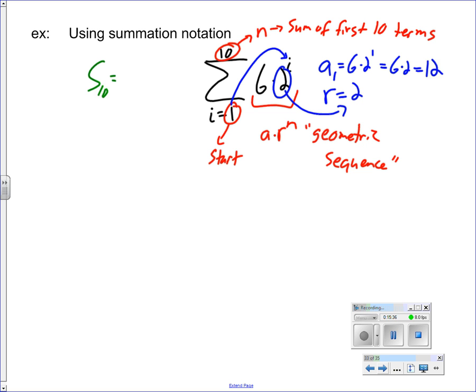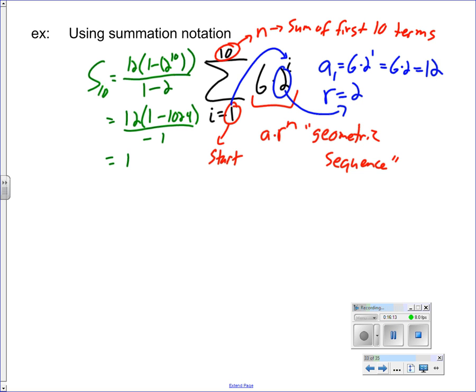So we start with the first term, 12, times 1 minus the common ratio, which is 2, to the n power, so that's 2 to the 10th, over 1 minus the common ratio, 2. Keep simplifying, it's going to be 12 times 1 minus 1024 over negative 1.